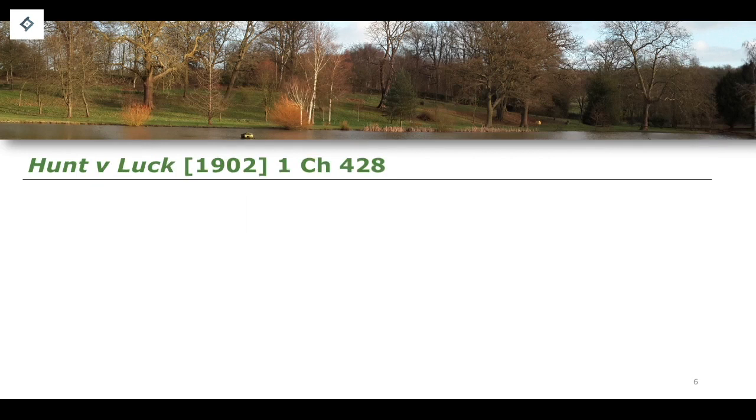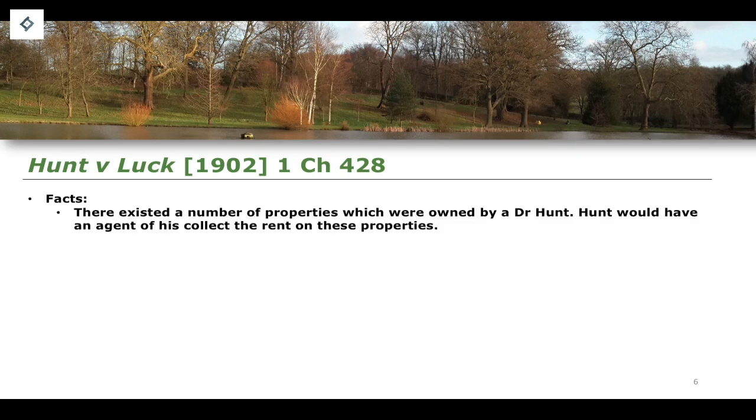Now, one of the interesting cases in this area is the case of Hunt and Look from 1902, and what this does is it gives rise to a specific rule when it comes to the doctrine of constructive notice. Let's just quickly go over the facts of this particular case. Essentially, there existed a number of properties which were owned by an individual by the name of Dr. Hunt.